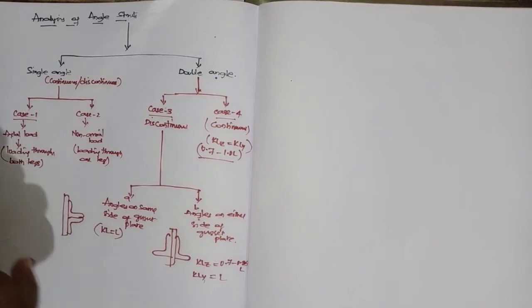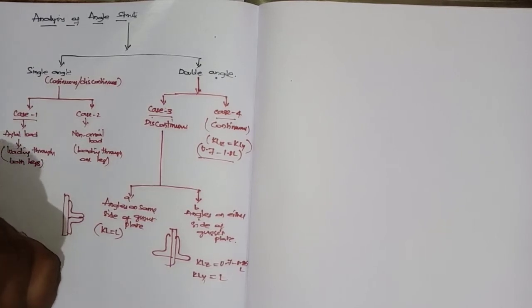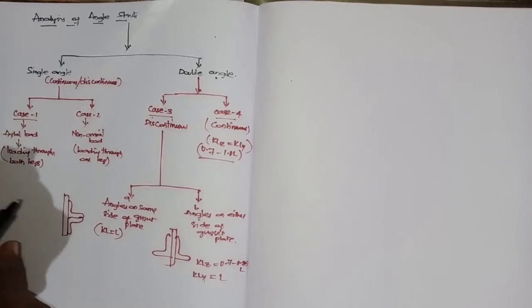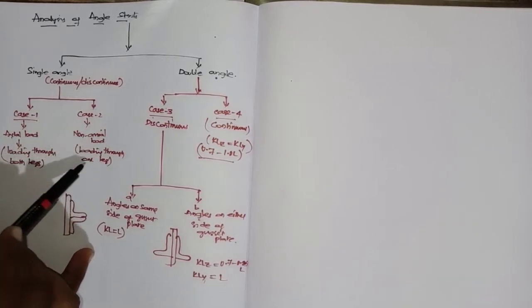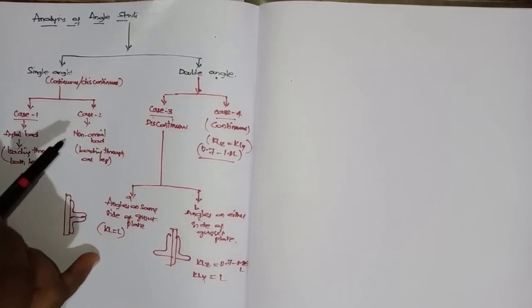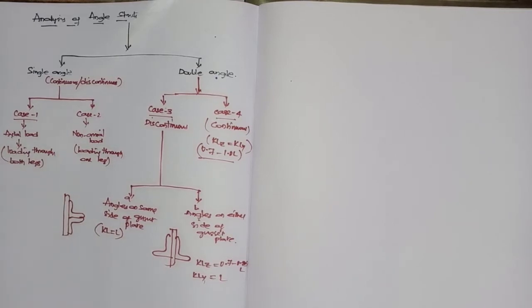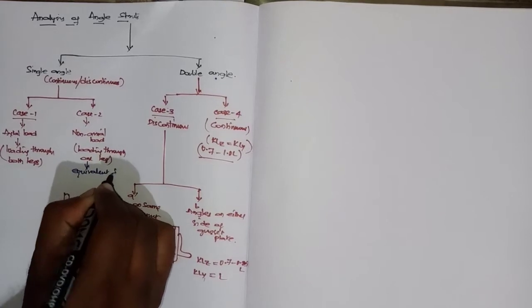Now the procedure for analysis is the same as what we did previously for the I section, axially loaded column. Whereas in case 2, that is non-axial load or eccentric load, or loading through one leg, in that case you are supposed to follow the equivalent slenderness ratio.